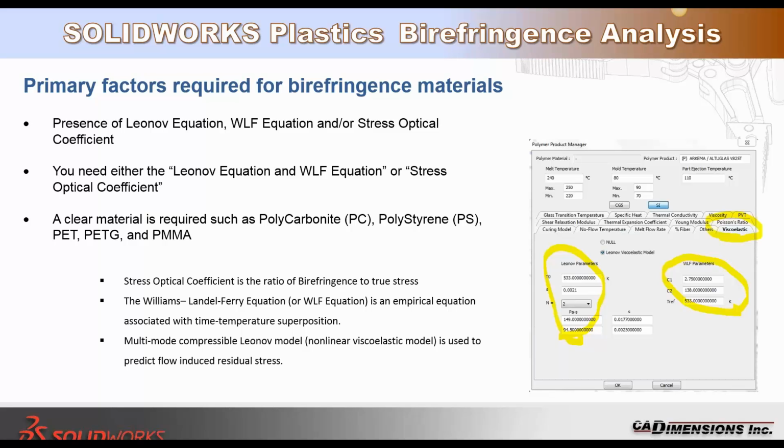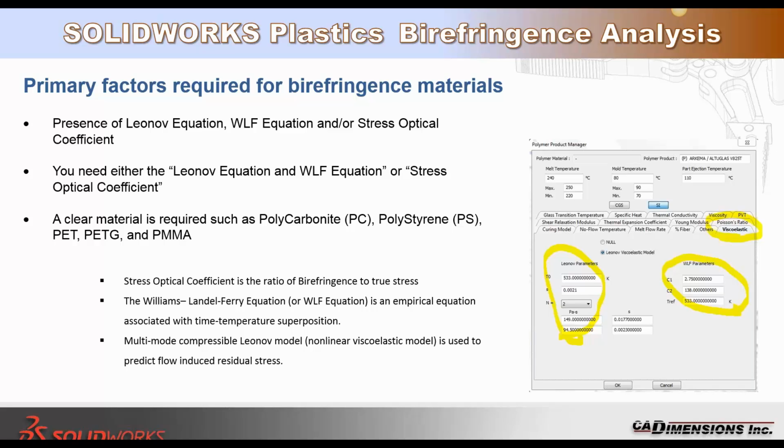All right, so now let's go ahead and look at SolidWorks Plastics and what is required from the standpoint of SolidWorks Plastics in terms of material. So when you're running a SolidWorks Plastics analysis, typically you will only need the basic plastics materials to evaluate how the part will perform during the injection molding process.